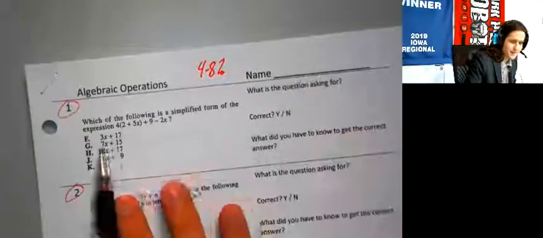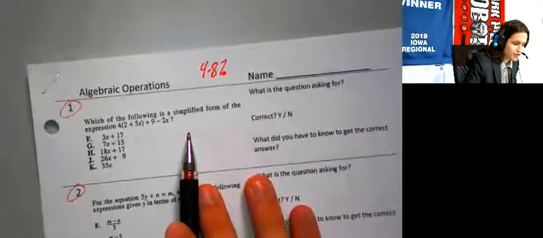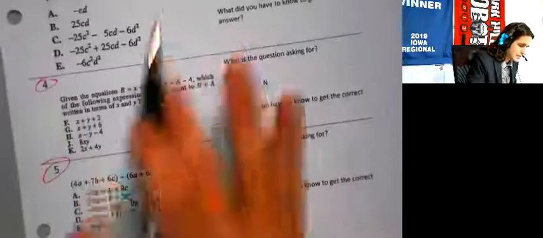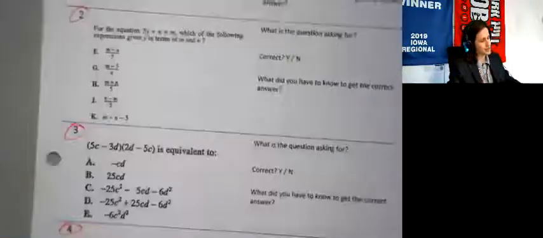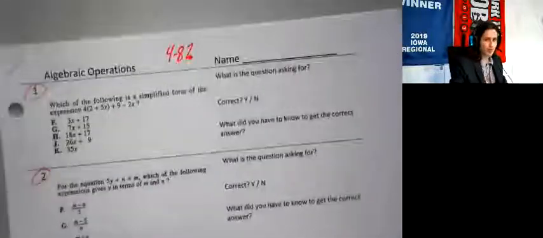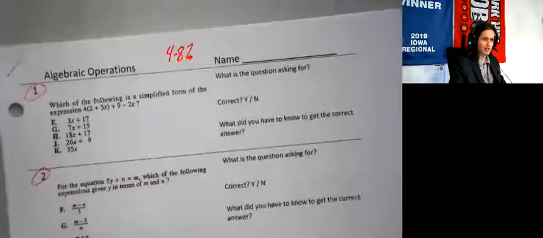We're talking about things like combining like terms, distributive property, solving for a variable, FOILing, solving for stuff, adding and subtracting polynomials. That's what we're going to be looking at today, doing some straightforward algebraic operations.